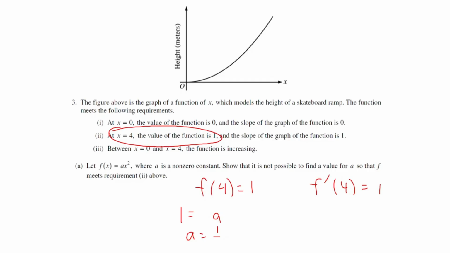If we square 4 for ax squared, that would be 16a, and a will have to be 1/16. Over here, f prime of 4 is also supposed to equal 1. Well, f prime of x is 2ax, which means that 1 is supposed to equal 8a, or a would need to equal 1/8.